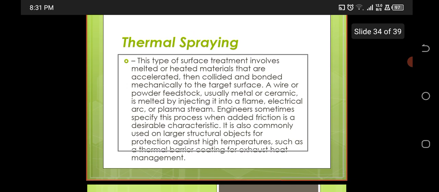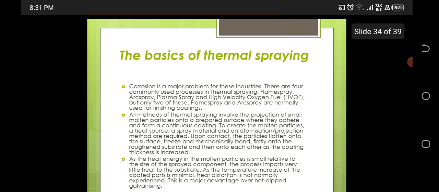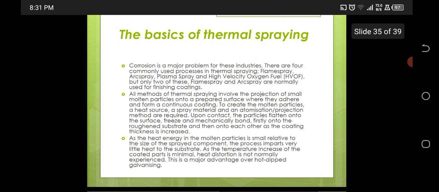We have different applications. Before going to the applications, we will discuss the basics of thermal spraying. Corrosion is a major problem for industries. There are four commonly used processes in thermal spraying.